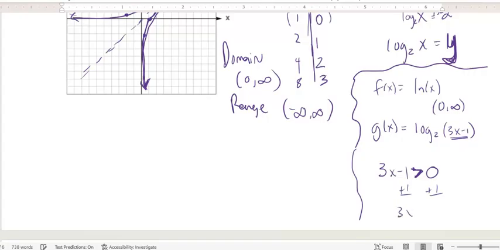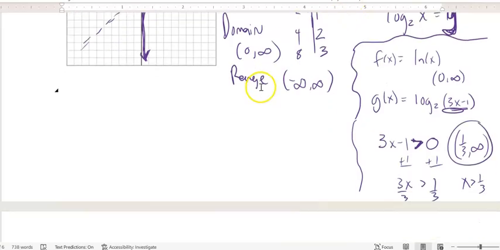These are pretty easy, as long as you understand the concept. x has to be greater than 1/3, which means it goes from 1/3 to infinity. So in other words, whatever is in there, if there's something other than just x, you set that greater than 0 and solve.